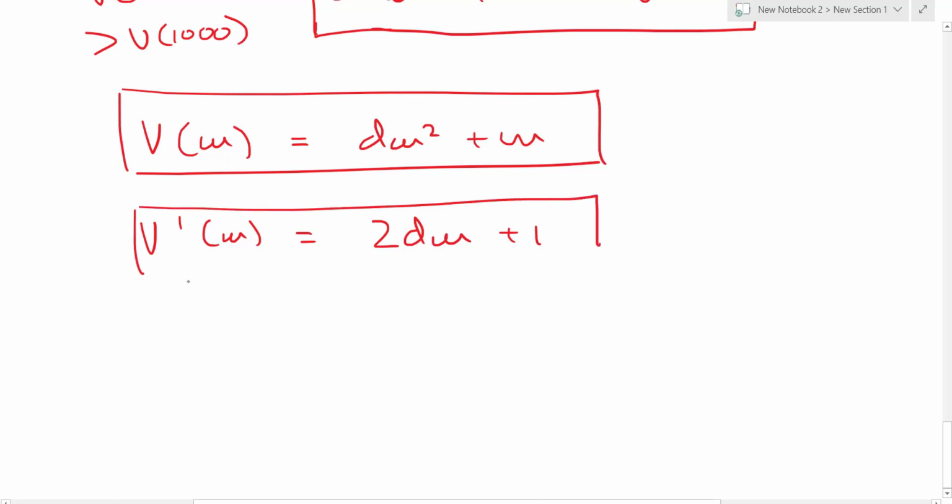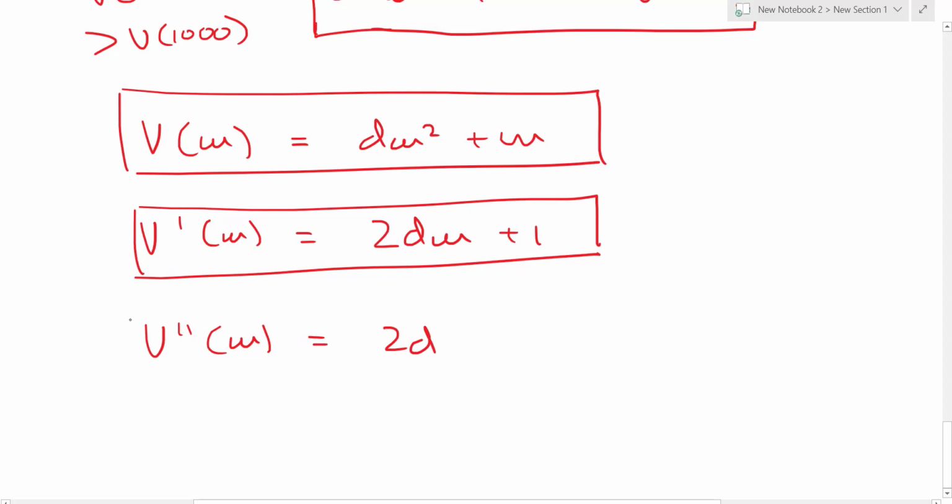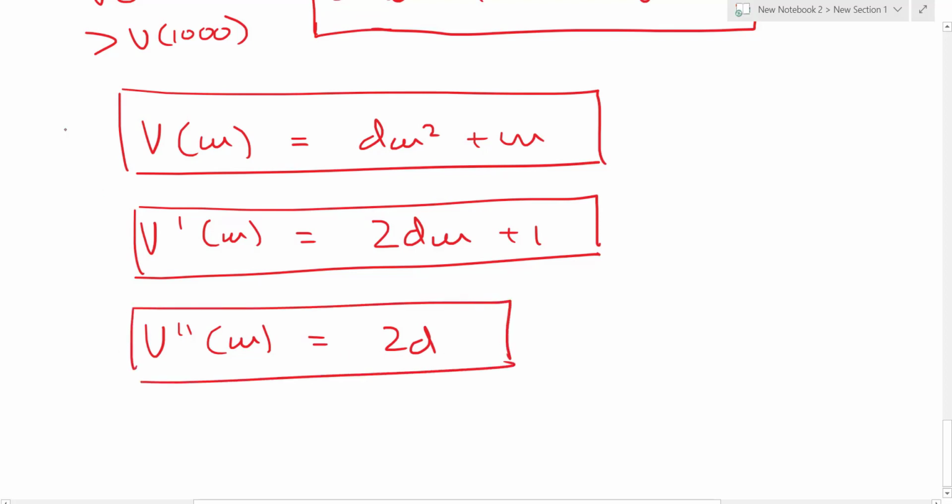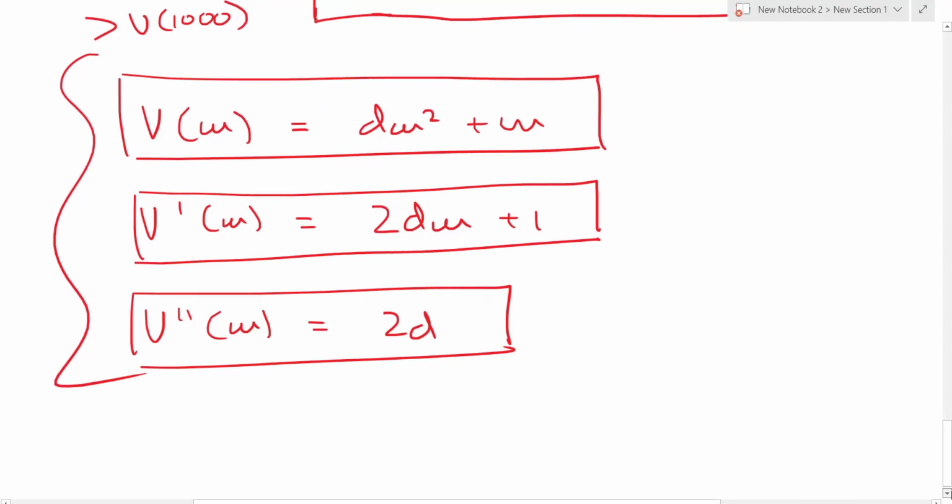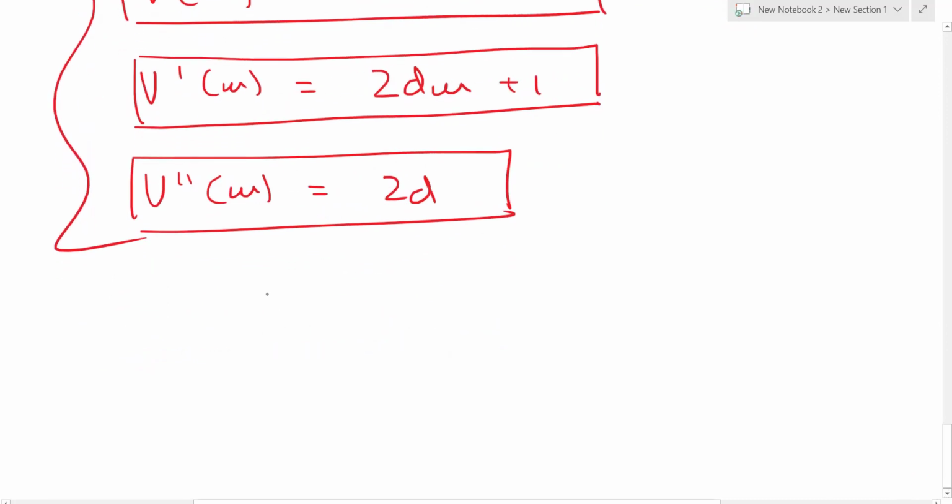The second derivative, v double dash w, would be equal to 2d. These are the measures which will be used to characterize the nature of the preference of this investor. So let us assume, as we do generally, that this investor is a risk averse investor.